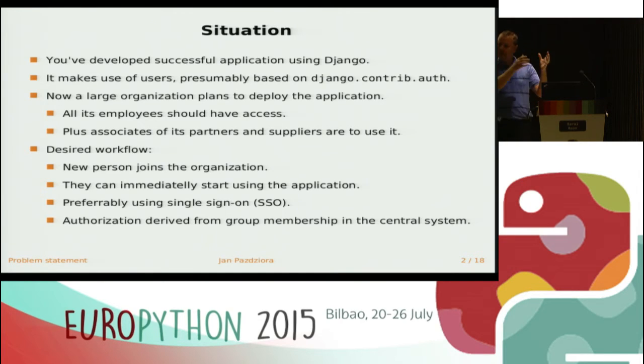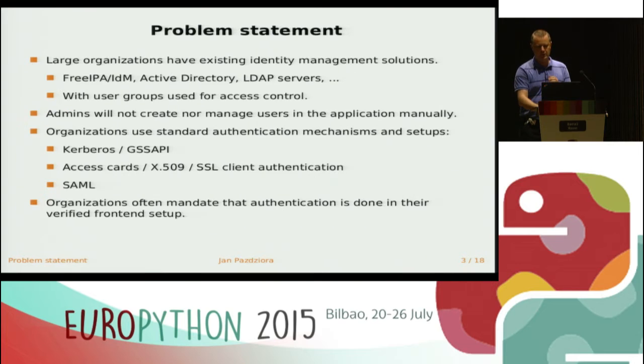And vice versa, the finance people should not have access to the network management, and the network administrators should probably not be able to access the tax records. The problem is that no one will enter those users into the application in large organizations. So when a new person is hired, that application somehow needs to learn about that new person and about their access rights right away.